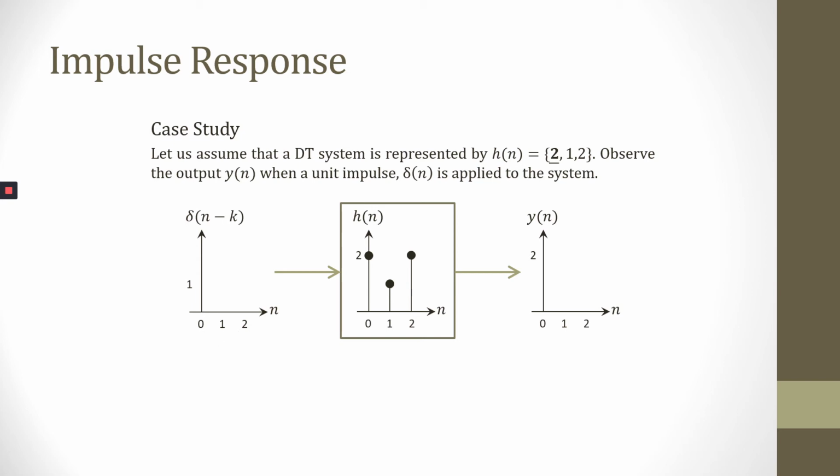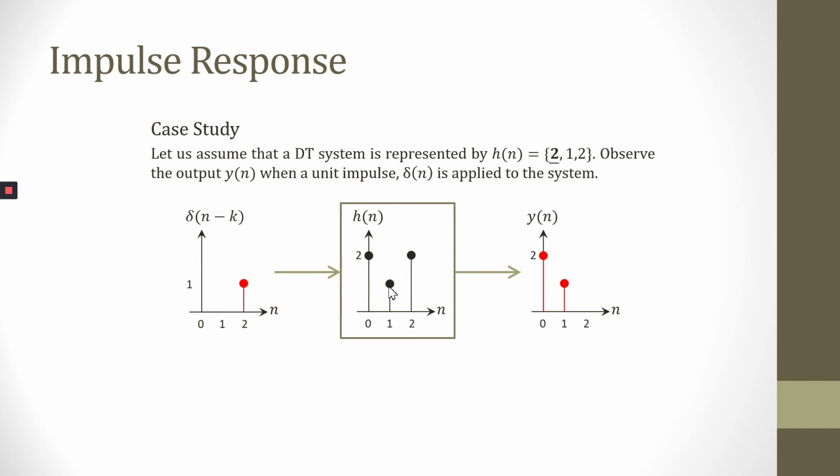We start with n equal to 0. When it is multiplied with system hn, the output yn becomes this one. You just multiply hn. The next one, when n equal to 1, the output yn becomes this one based on the hn value.